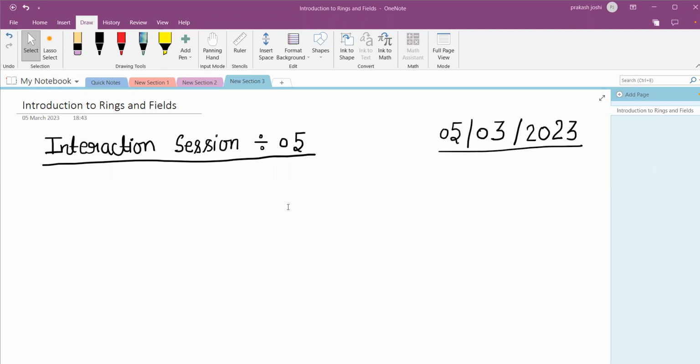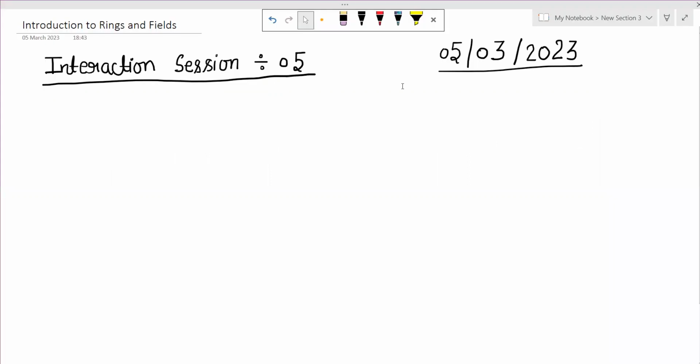You can see my screen, right? Yes. Okay, thank you.